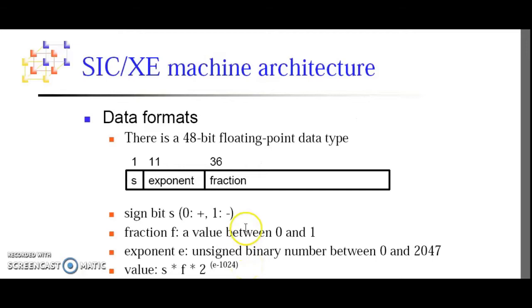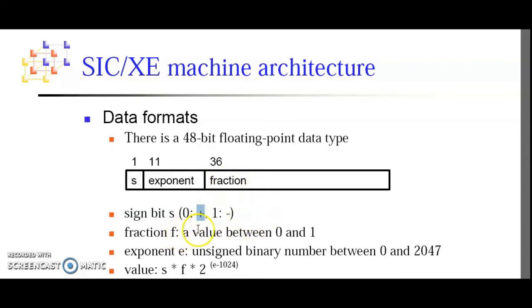Then related to data format, the 48-bit floating point data type has a sign bit of 1 bit, exponent field of 11 bits, and fraction field of 36 bits. The sign bit is used to represent plus and minus, where 0 represents plus and 1 represents minus.